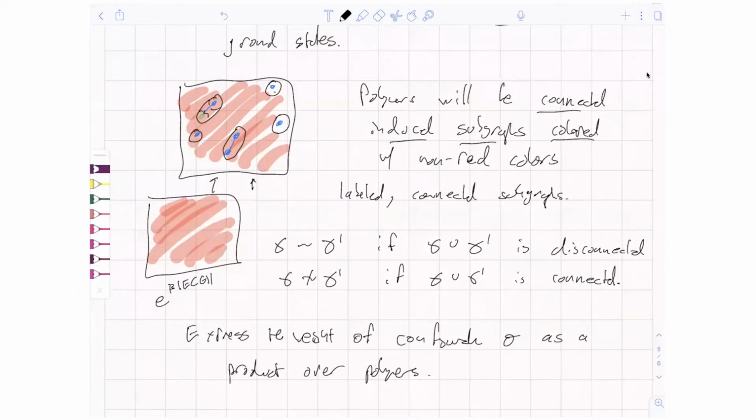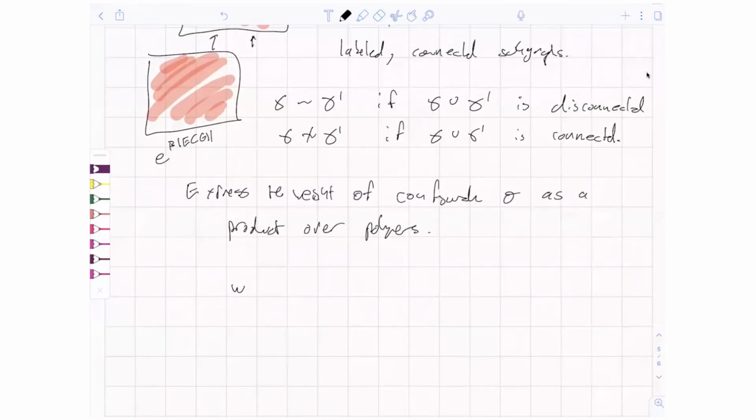So the weight of sigma, which is just e to the beta times the number of monochromatic edges, is going to be e to the beta times the number of edges of G, the ground state weight, times some product over the polymers, these defects.